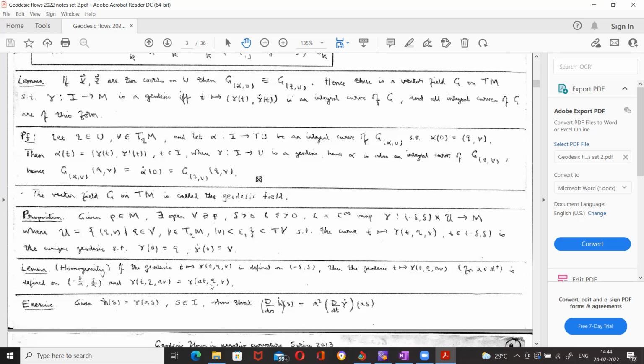So how do you prove that? That's from the following exercise, which I'll do for you.